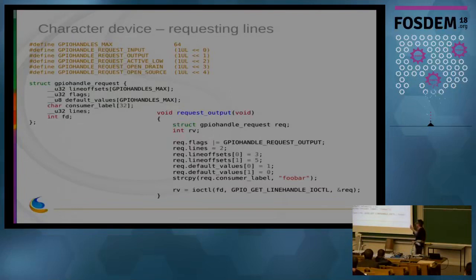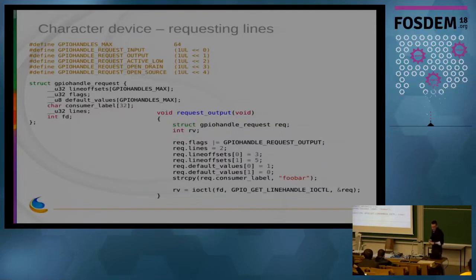You have to specify either input or output, or if these flags are not set, it's going to be considered as is, depending on how the line was set previously. Then you can add additional flags, so you can tell the kernel that this line is going to be active low, so we are going to invert the values. And then, as I mentioned, you can specify the open drain and open source flags to tell the kernel how to write the lines if it's the output mode.